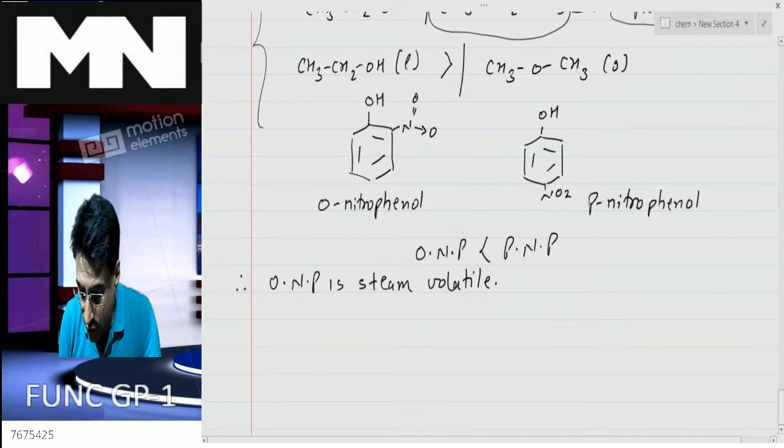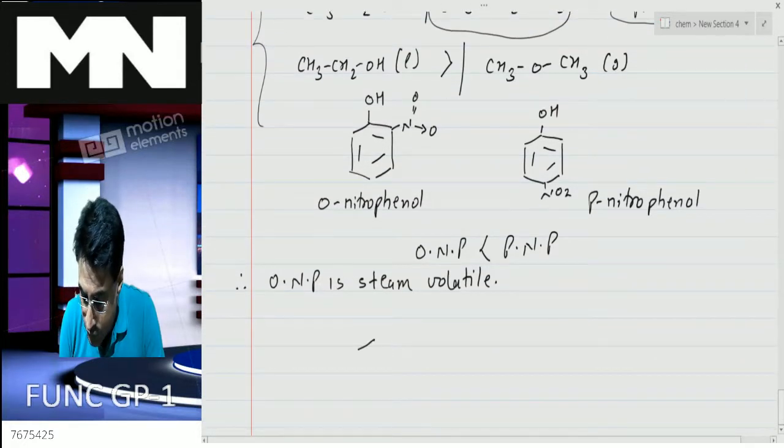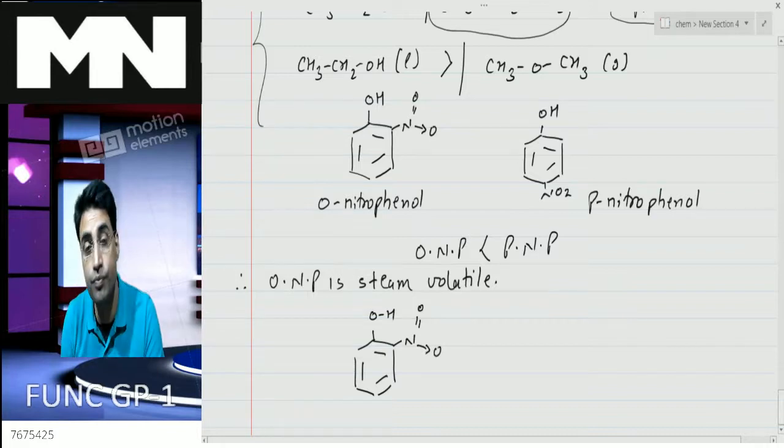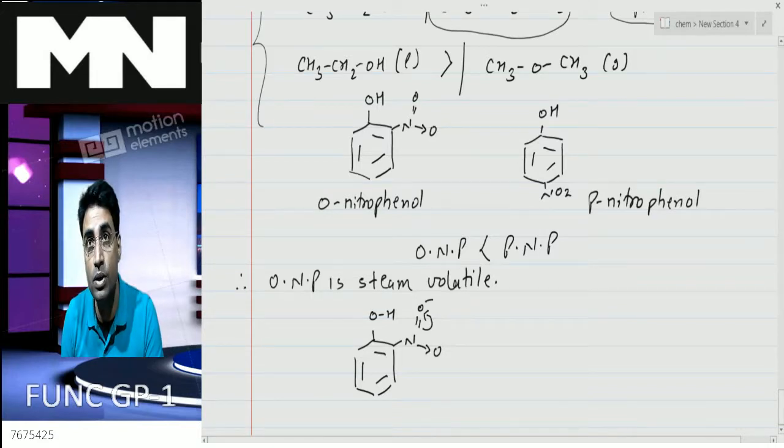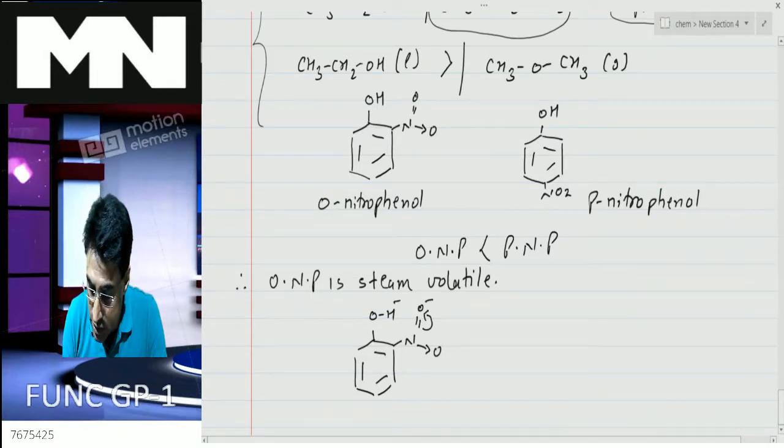Well, if I talk about orthonitrophenol, the molecule of orthonitrophenol is like this. You have an OH group here, you have an NO2 group here. By withdrawing pi electrons, oxygen will have a negative charge and hydrogen itself has a positive charge.